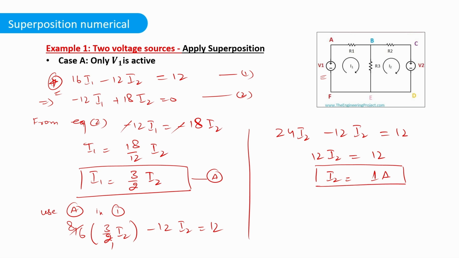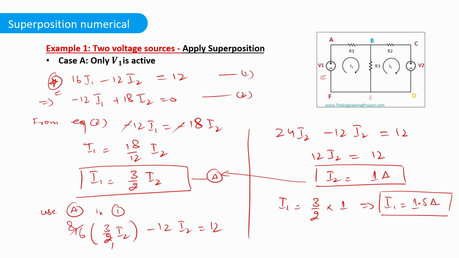Okay, now I have I2 is equal to 1 ampere. I can find I1 as well, because I will simply substitute this value in equation number A. So I1 becomes 3 by 2 times 1 ampere, so I1 is equal to 1.5 ampere, right?